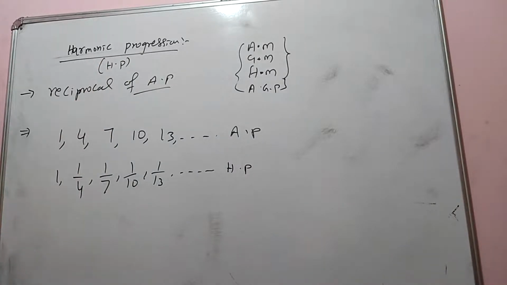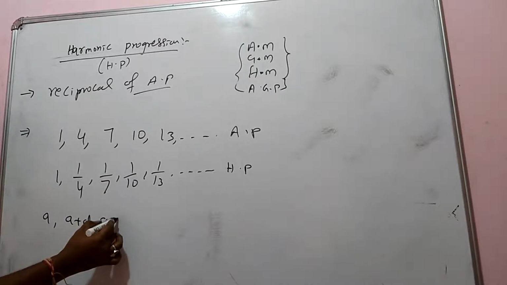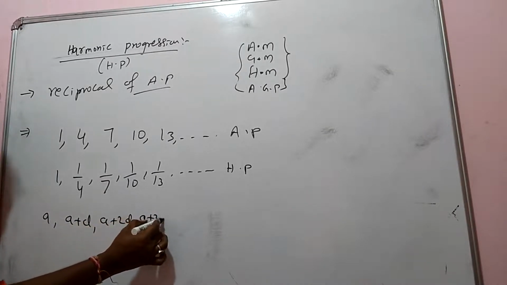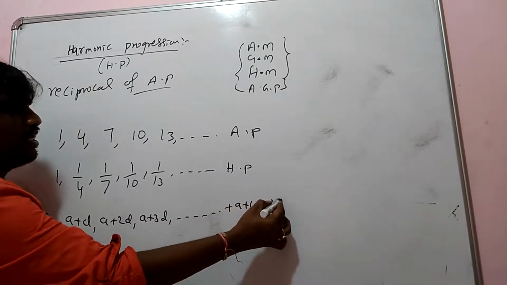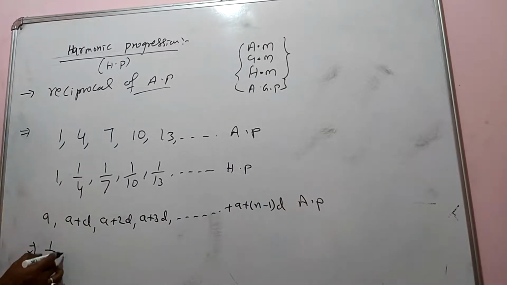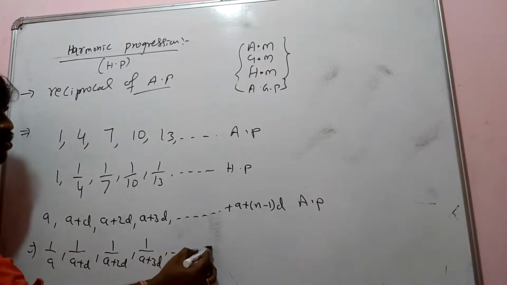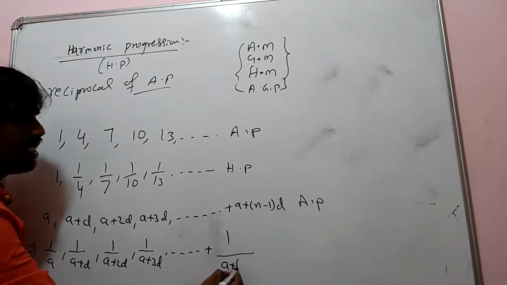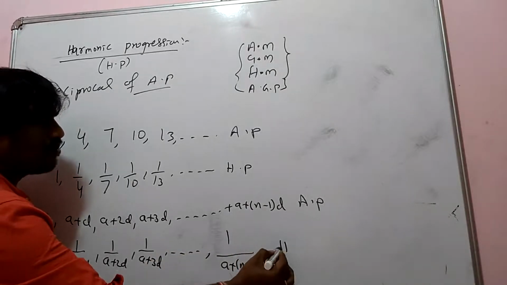Like here, if you have A, A plus D, A plus 2D, A plus 3D, A plus 4D, and so on up to A plus n minus 1 into D, it is the arithmetic progression. Then 1 by A, 1 by A plus D, 1 by A plus 2D, 1 by A plus 3D, and so on up to 1 by A plus n minus 1 into D is called harmonic progression.